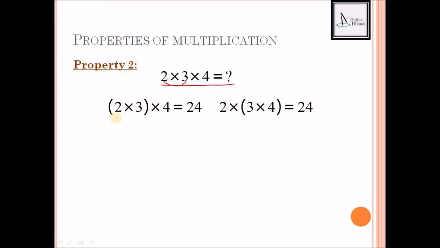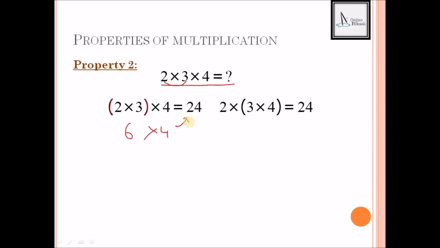This is called a bracket, and the bracket indicates grouping. First he will multiply this 2 and 3. So 2 threes are 6. Then he will multiply it with the 4. In that way he will get 24.